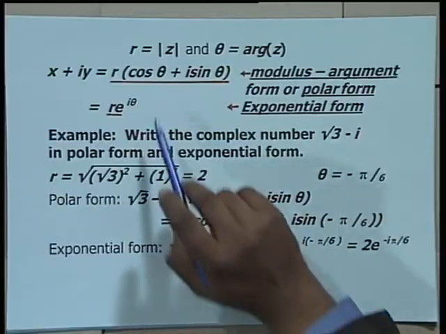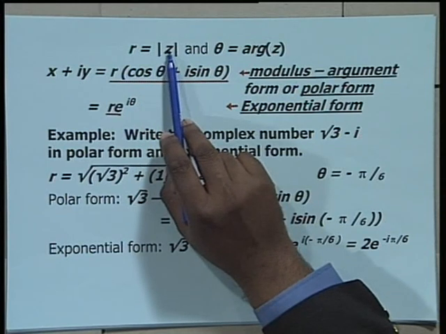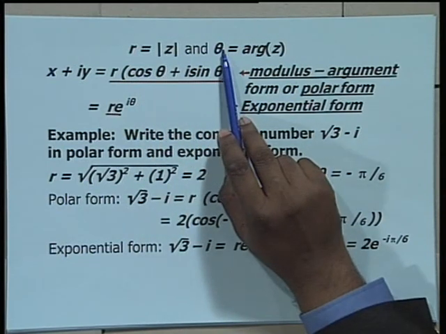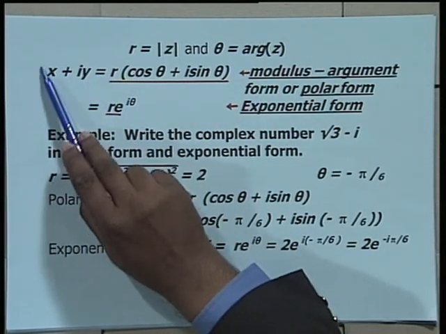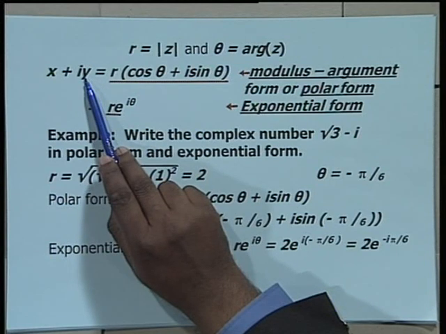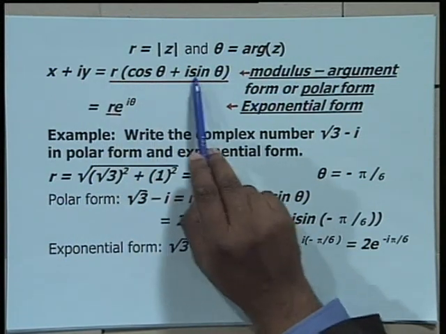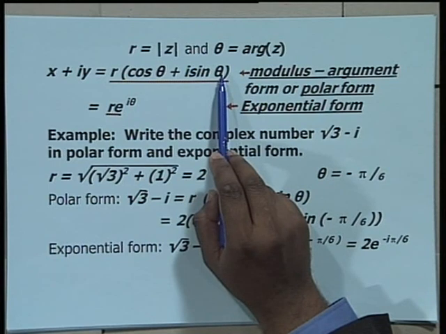Complex numbers also have two other important forms. Up to now we have seen that all complex numbers were written in the form x plus iy. There are two other important forms called the polar form and the exponential form. So if r is the modulus of the complex number z and theta is the argument of the complex number z, then x plus iy, the one that we are used to, can also be written as r times (cos theta plus i sin theta).